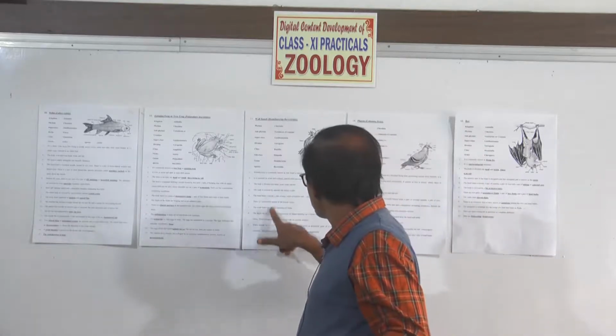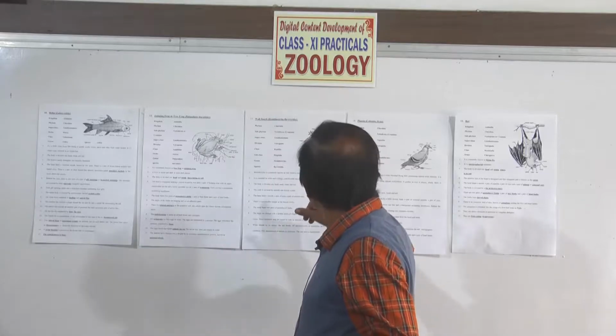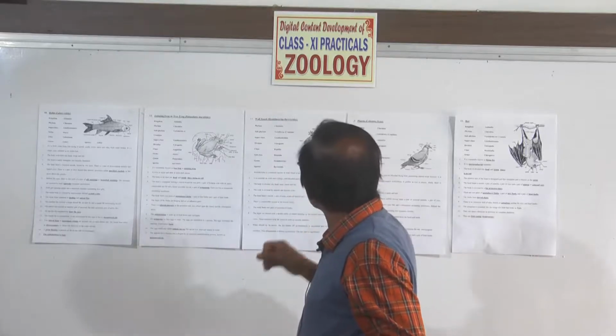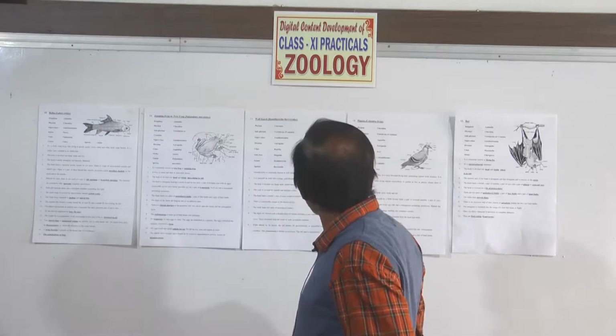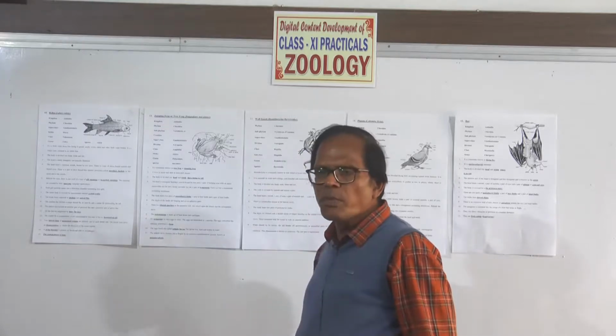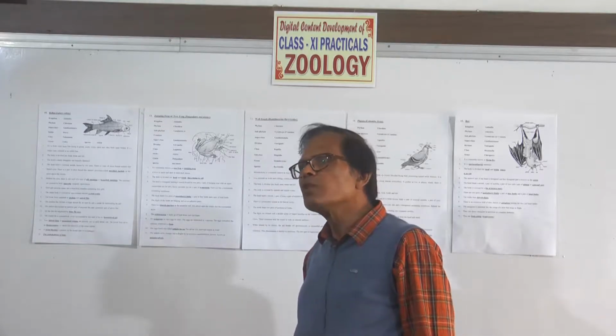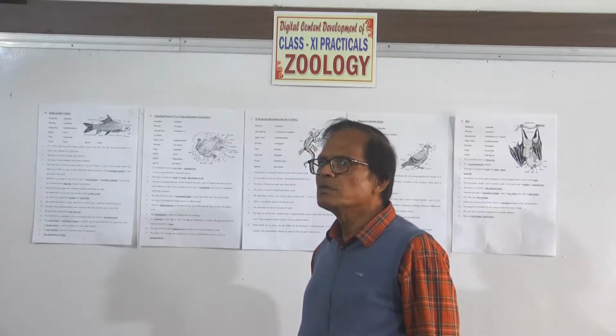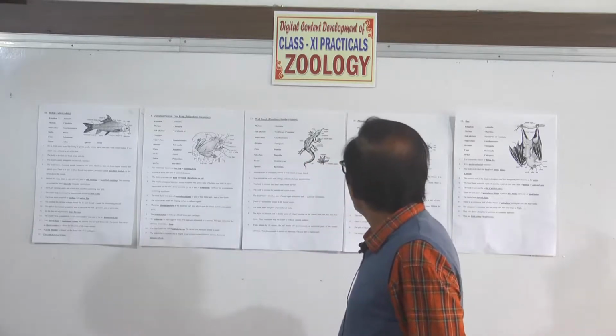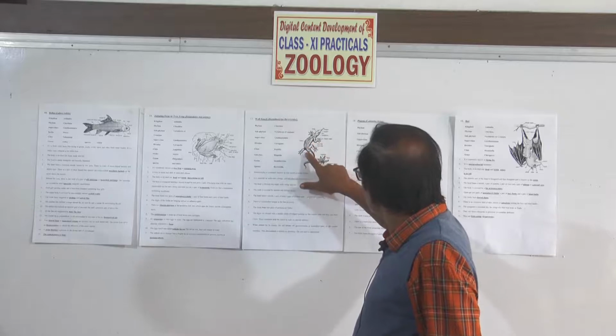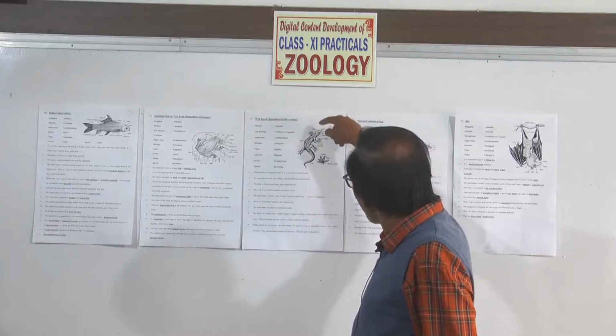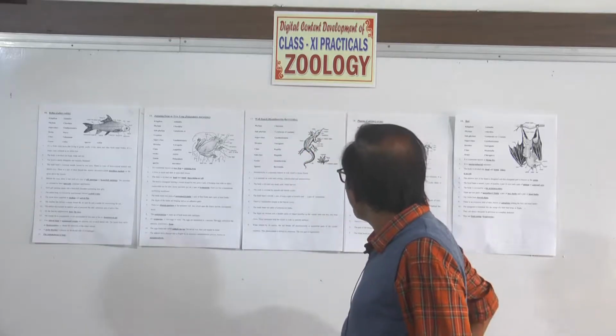So these are some characters. Let me tell you a few only. A wall lizard is a common animal on the walls of all houses. The body is divided into head, trunk and tail.